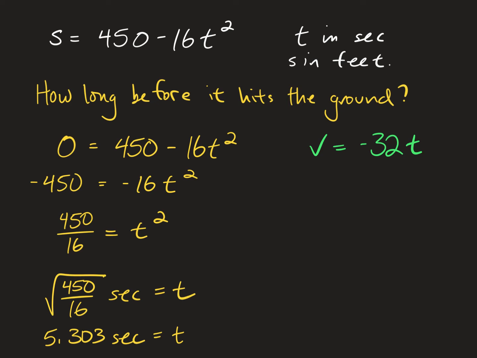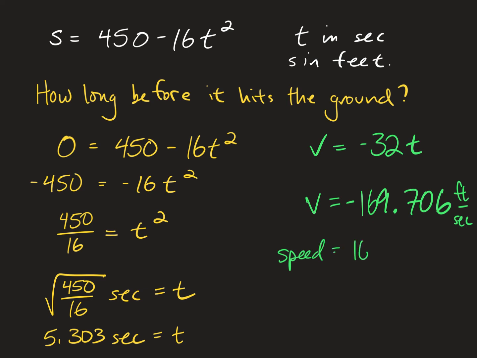So when you substitute this value in for t here, you get negative 169.706, and since our units are listed at the top there, this will be feet per second. And then the speed, of course, will just be 169.706 feet per second.